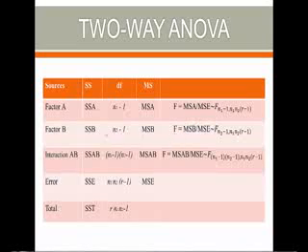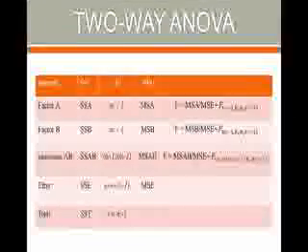The second one, to test factor B, is mean square B divided by mean square error again. The interaction, mean square AB divided by mean square error again, in order to test if we have any interaction.